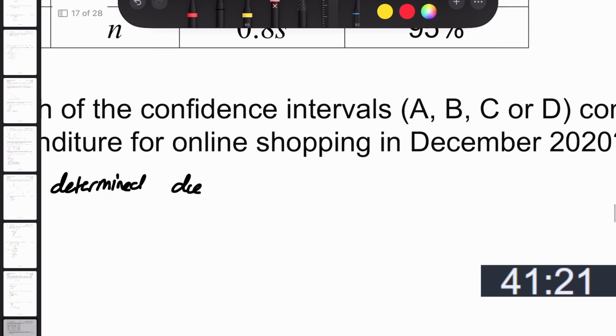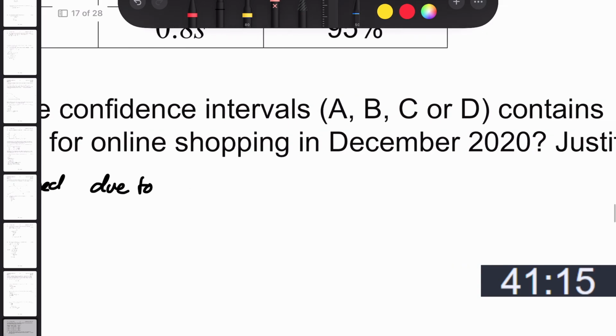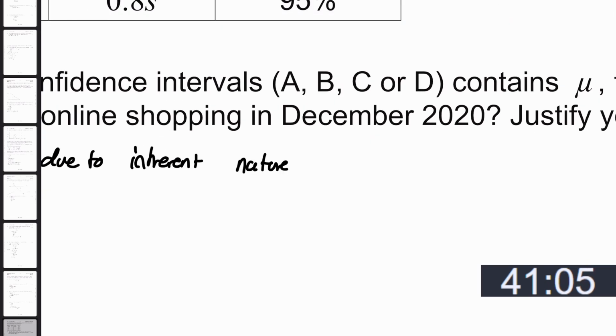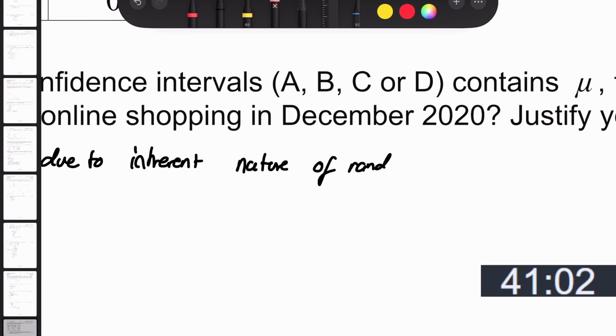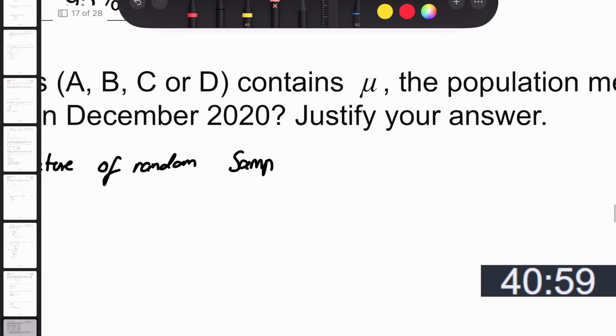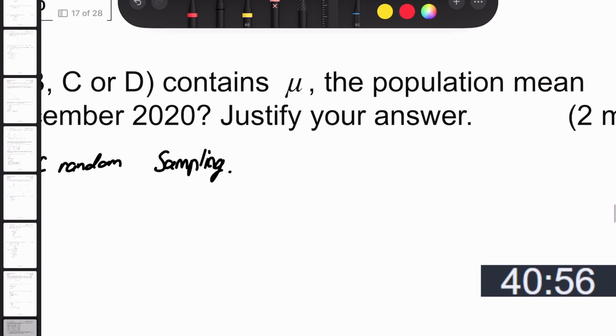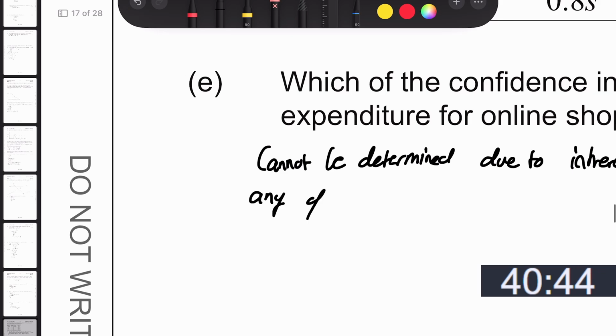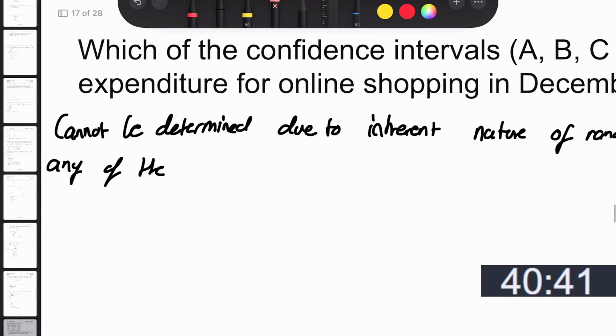Due to the inherent nature of random sampling, it is not certain that any of these confidence intervals contain mu.